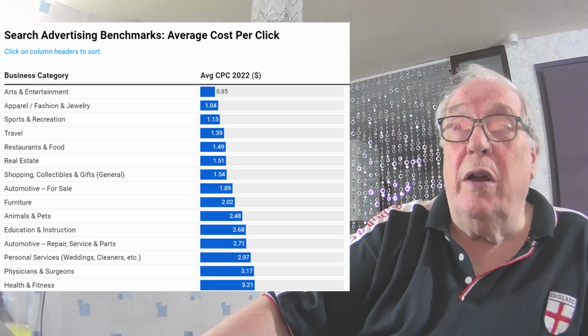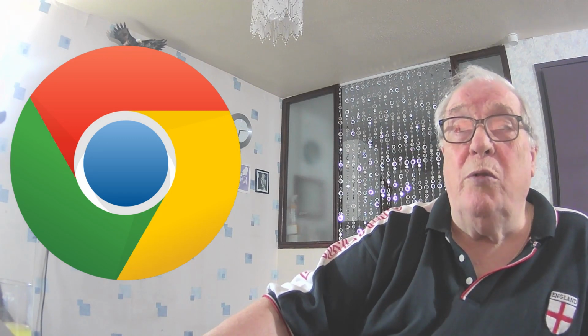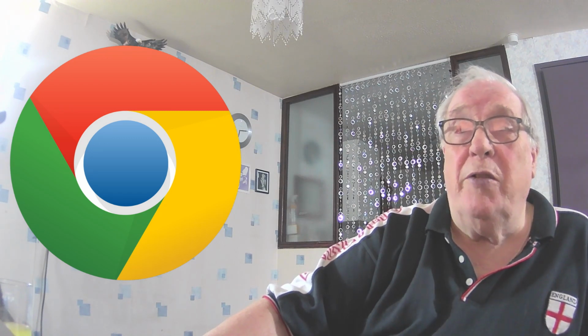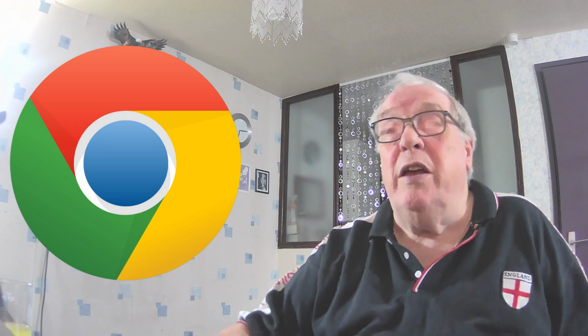Your average cost per click, however, is determined by dividing total campaign spend by total number of clicks. Therefore, higher click-through rates are generally associated with lower costs per click.